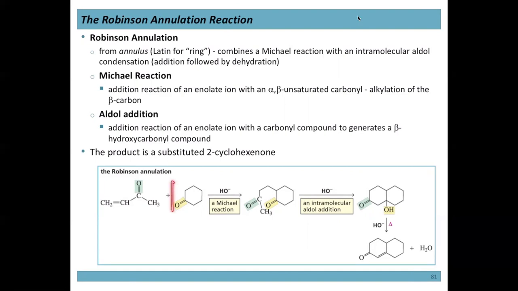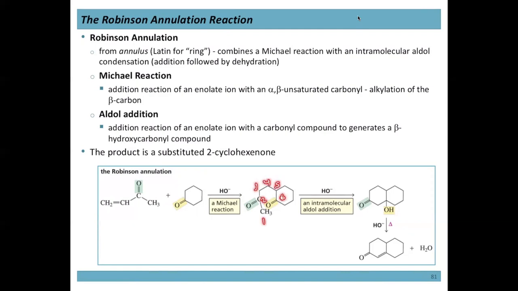And I told you that this is a poor Michael donor, but just for the sake of this example, we're going to use it as our enolate. The better way to do this would be the Gilbert-Stork, but with a base, we can deprotonate there. And again, what I'm just trying to show is that I get this 1, 2, 3, 4, 5, 6.